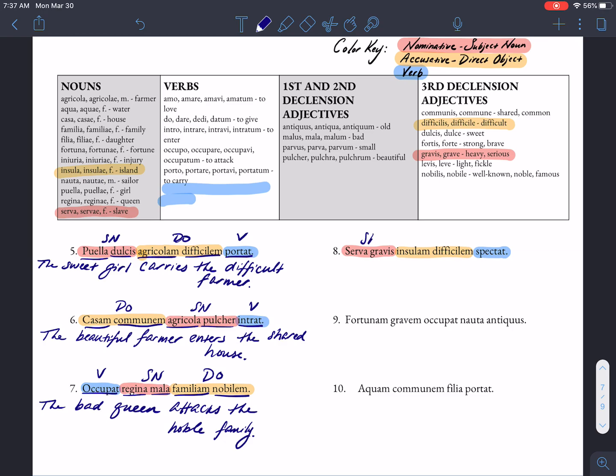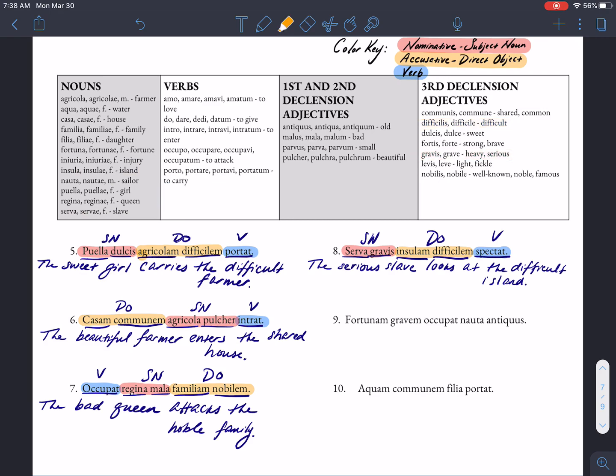So with this, now let's put it all together. The gravis serva, so the serious slave, spectat, she looks at the difficilem insulam, the difficult island. Okay, so that's number 8.